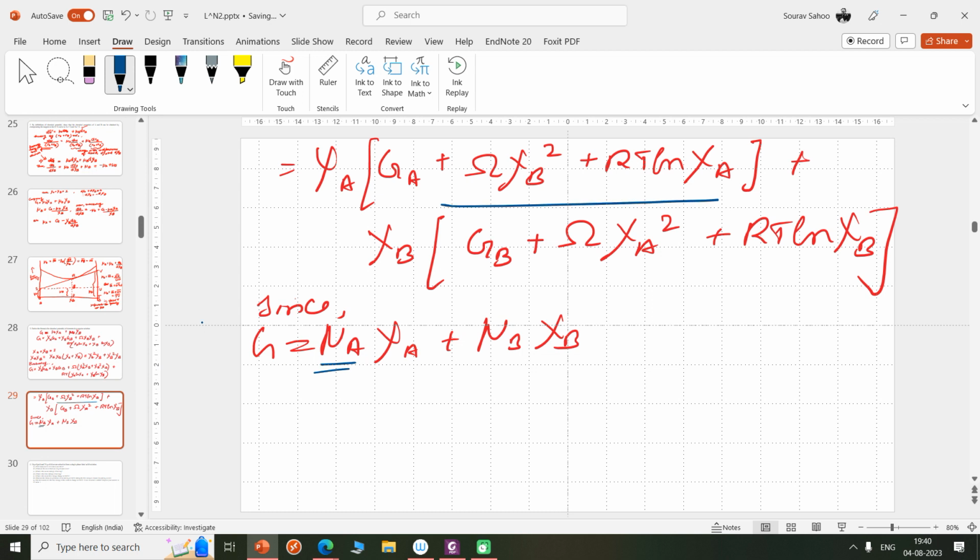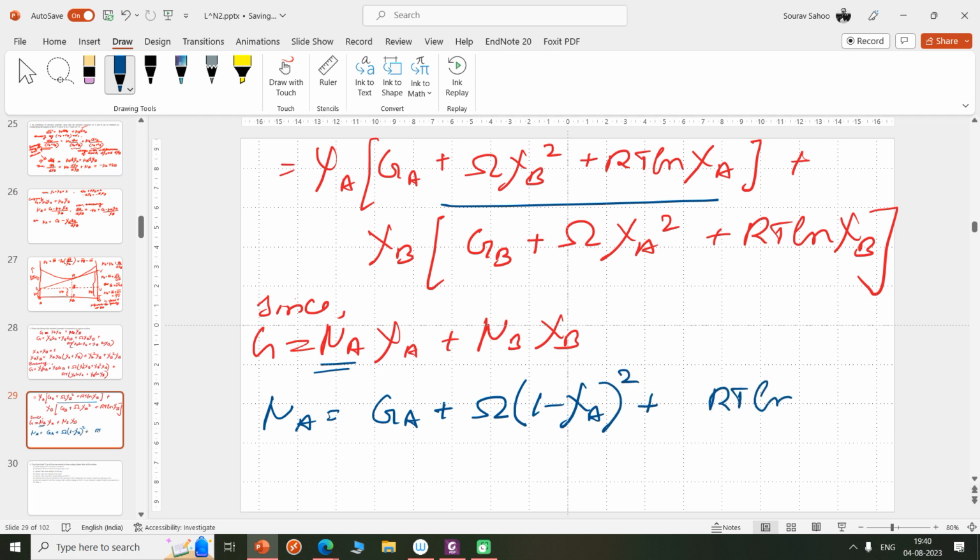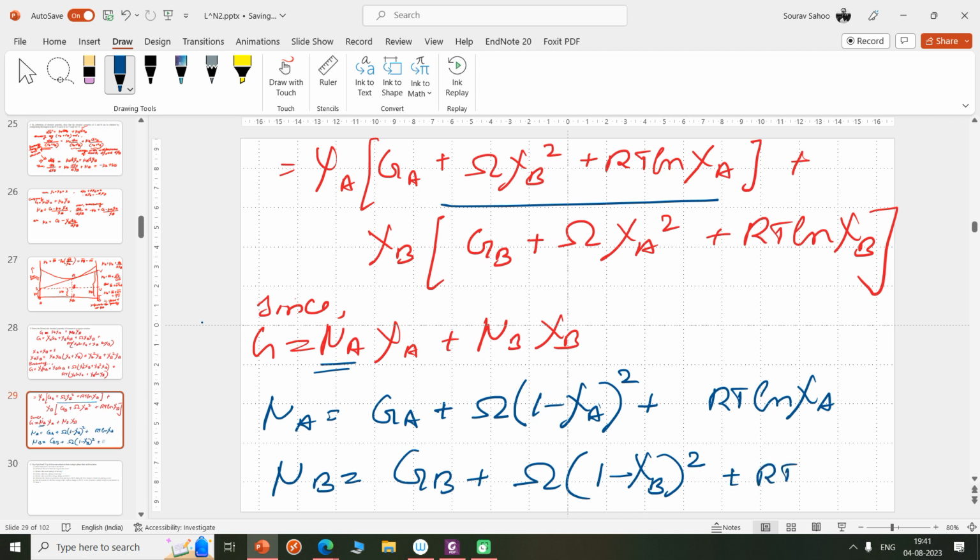So mu A is equal to Ga plus omega, now phi B is being written as 1 minus phi A, square plus RT log phi A, and mu B is equal to GB plus omega 1 minus phi A, that is 1 minus phi B, square plus RT log phi B. Okay, so this is the derivation that the question had asked for.